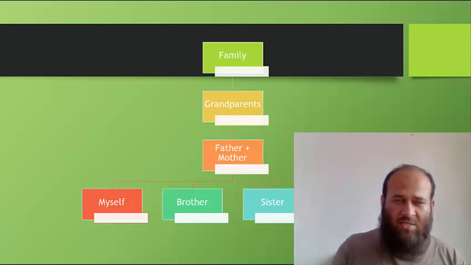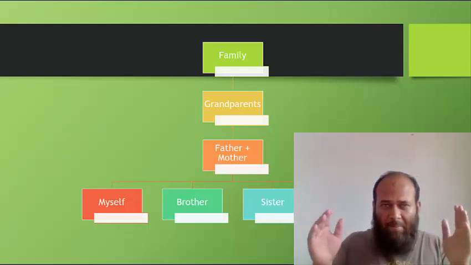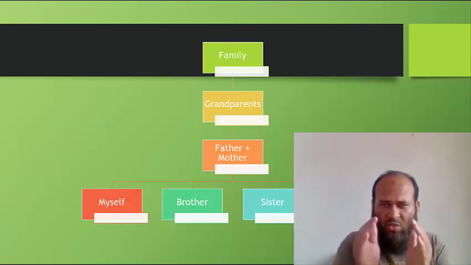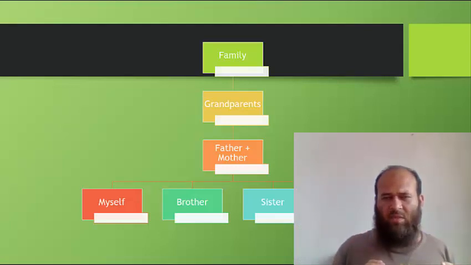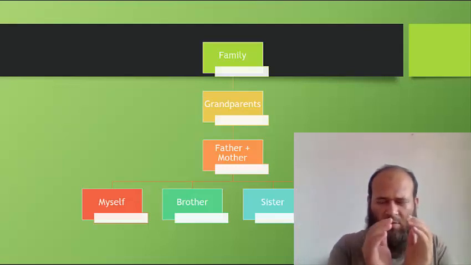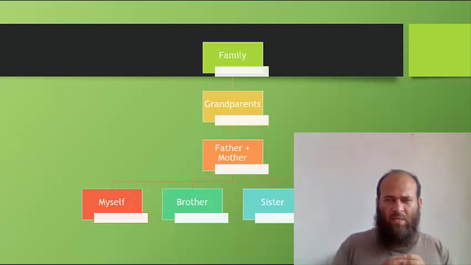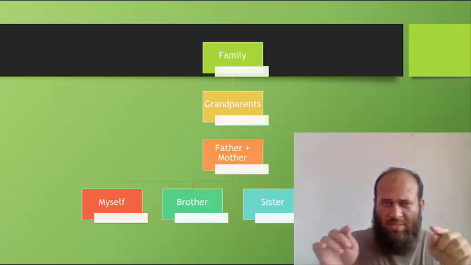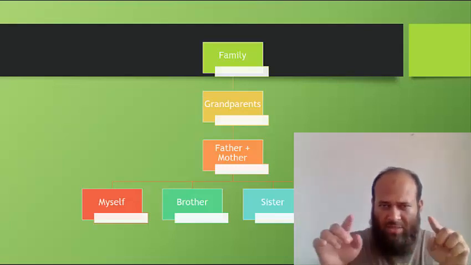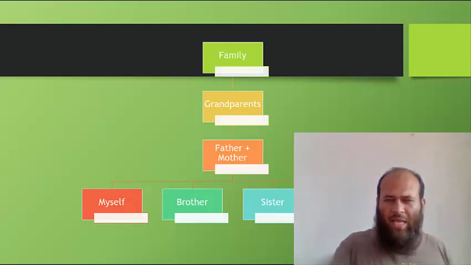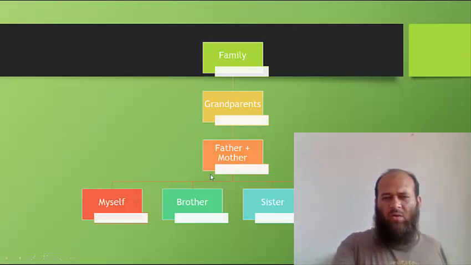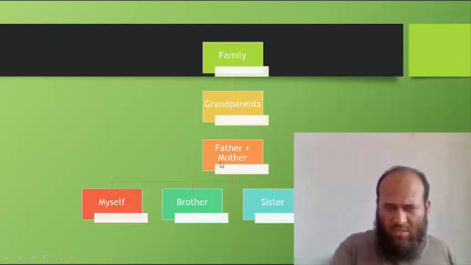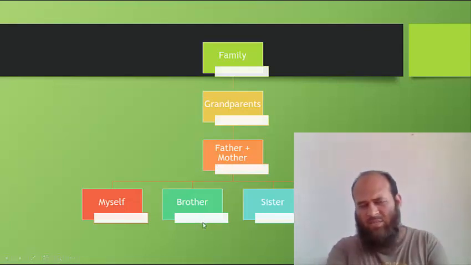In EVS, you must have studied big family and small family. So here we are talking about a big family. But I want you to make a small diagram, a small table like this about your parents and yourself along with your brothers and sisters.